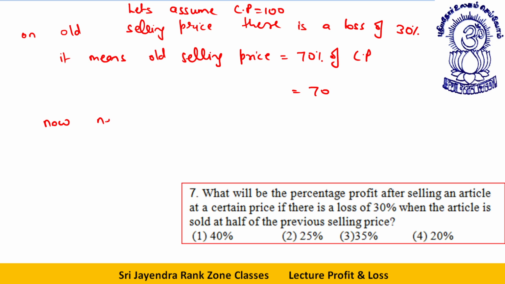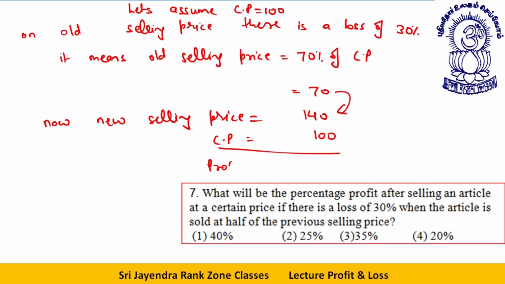Now, what is the new selling price, dear students? The new selling price, you can directly say, is 140, double of this. So if the new selling price is 140 and the CP is 100, then the profit is equal to 40 rupees, or since the CP is 100, you can also say 40% is the profit.